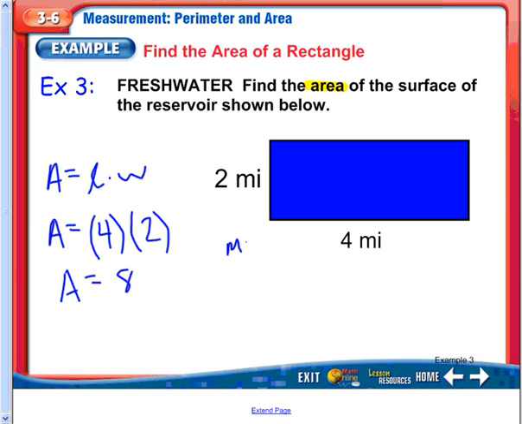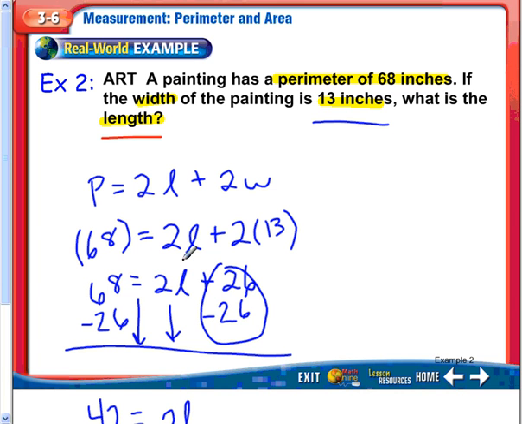Now, when we're finding area, we need to remember that we're taking miles times miles, which is going to give us miles squared. So the area of this rectangle is 8 miles squared. Whenever we're solving for area, we're going to have square units.